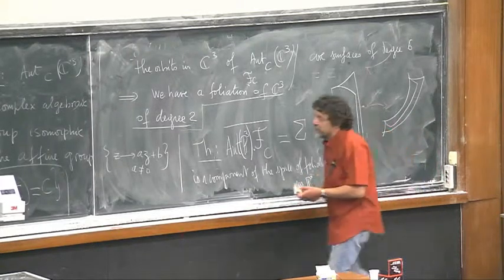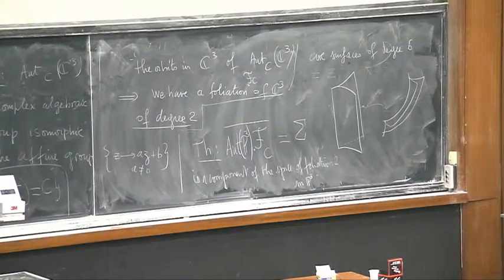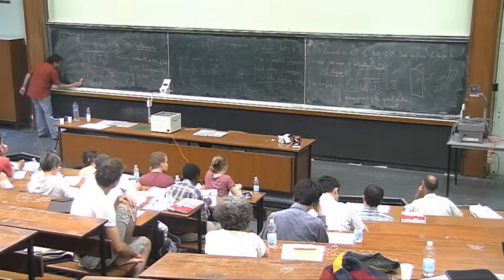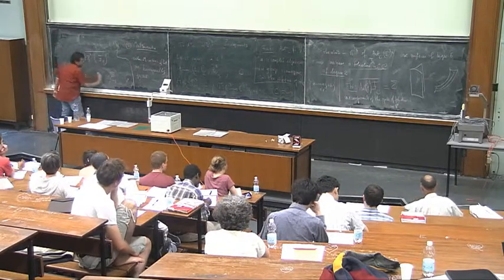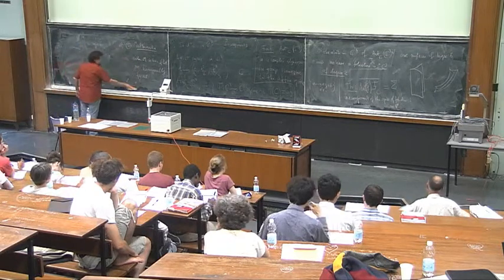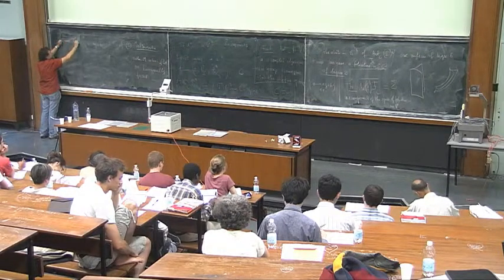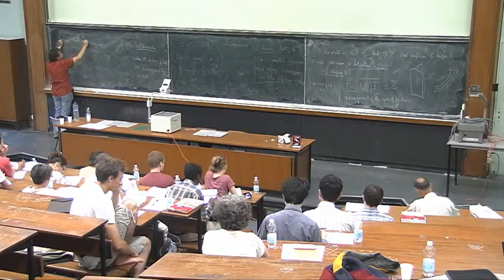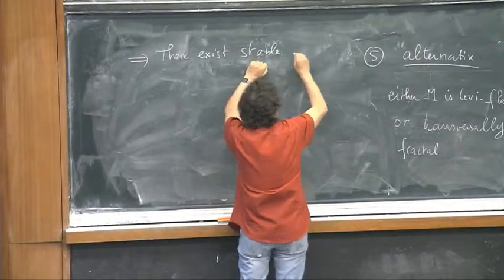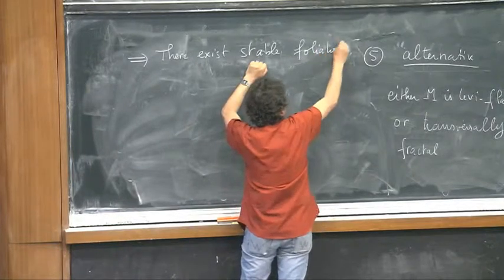And the consequence of this theorem is the stability of this foliation. There exists a stable foliation.